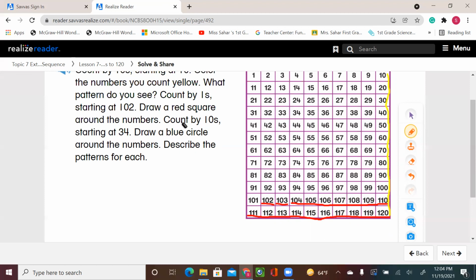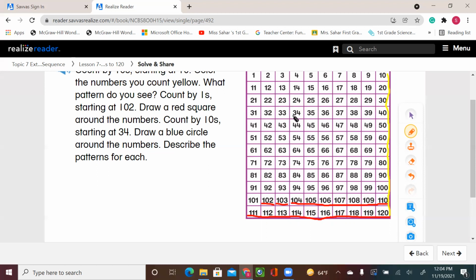Now draw a blue circle around the numbers. So we're counting now by tens, starting from 34. Counting by tens, starting from 34. Draw a blue circle around the numbers, and let's see, 34.